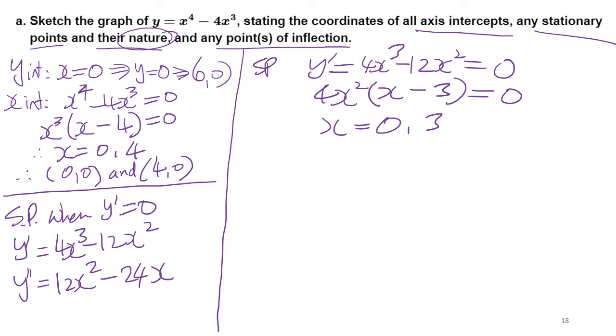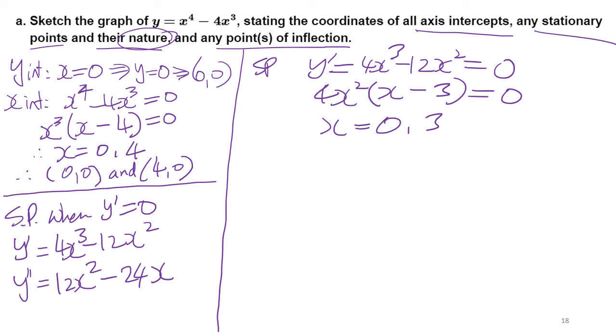So now we know the stationary points occur when x equals 0 and 3. But we need to determine what sort of stationary points these are.